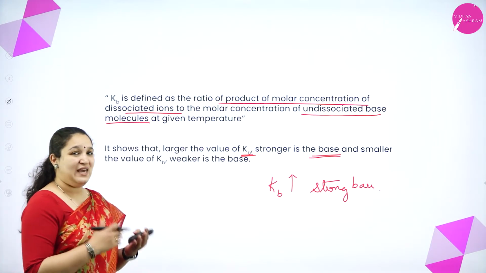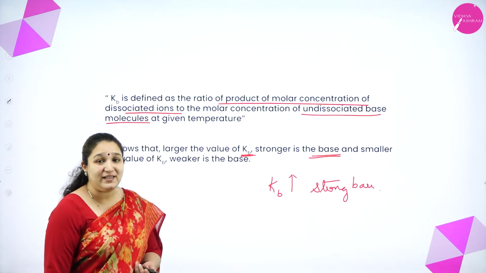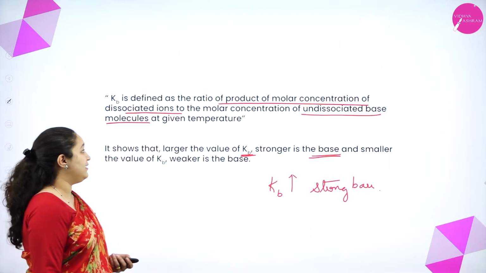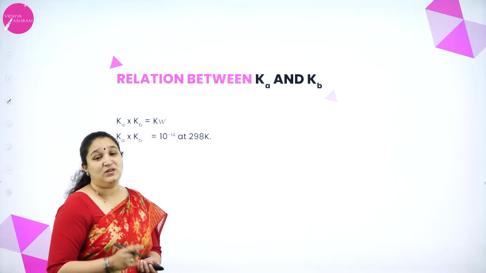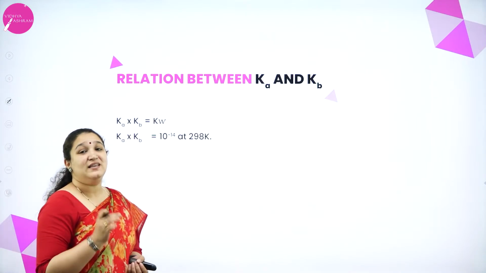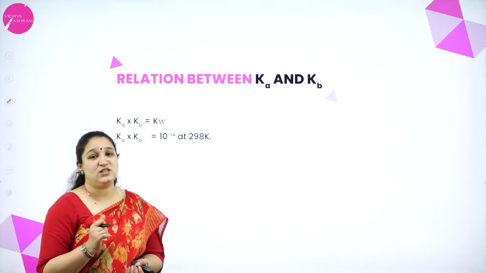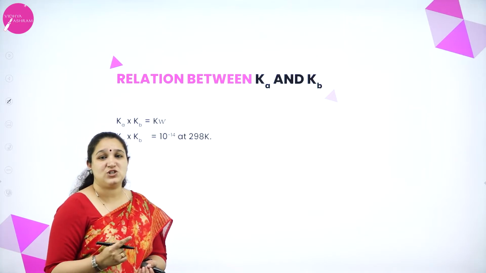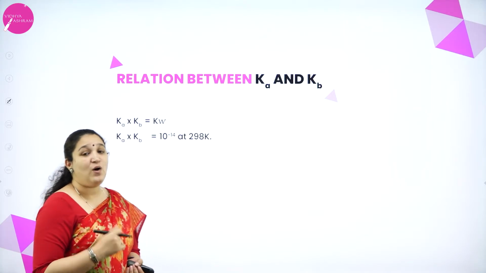Now, how are this Ka and Kb related to one another? We'll understand here. Next, we'll study the relationship between Ka and Kb, that is the dissociation constant of a weak acid and the dissociation constant of a weak base. How is it related?